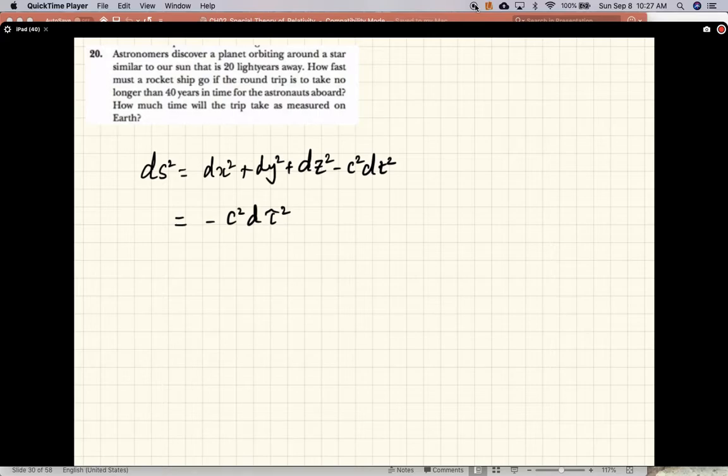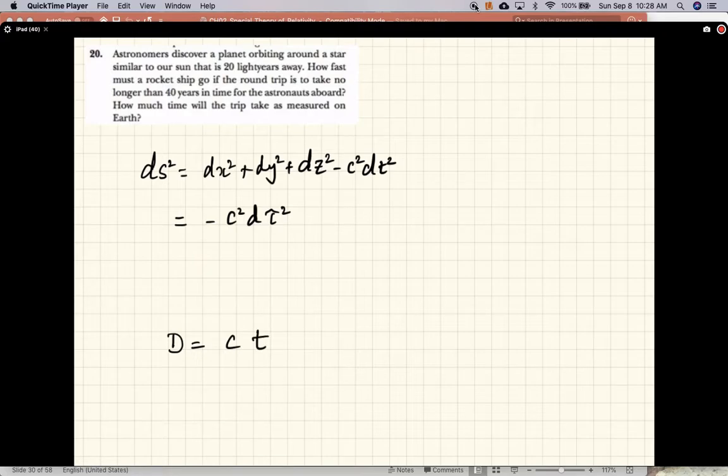Now, as far as units go, we'll measure distances in light years and time in years.